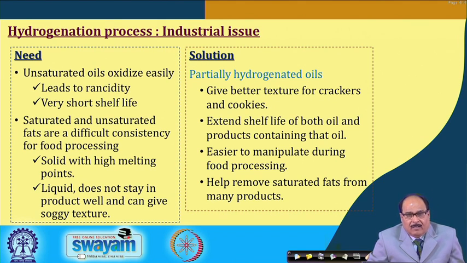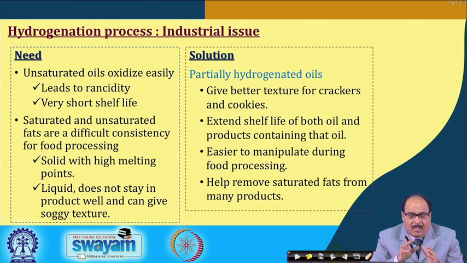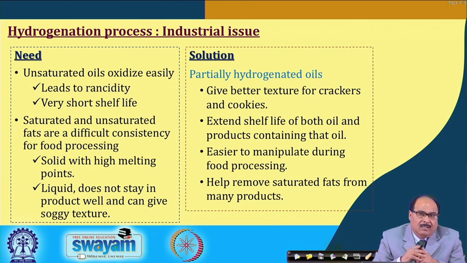In fact, the fully or partially hydrogenated oils give better texture to the product. Partially hydrogenated oils, like soft solid fats, give better texture for products like crackers, cookies etc. They extend the shelf life of both the oil as well as products containing that oil.